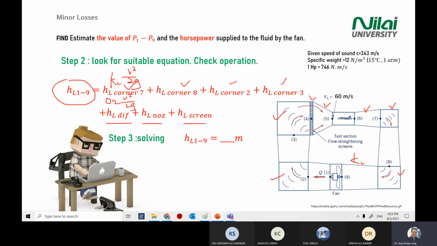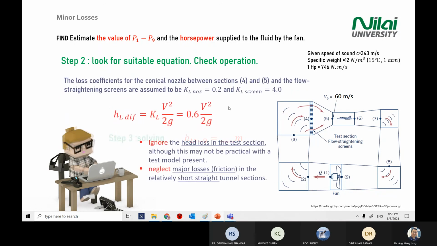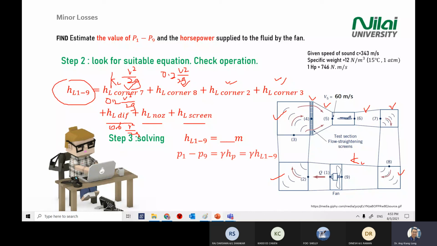Velocity, in this case, we use 60 for all the scenarios. Then this one, corner also 0.2 V square over 2G. This one also same. This one also same. Diffuser is 0.6 just now, V square over 2G. Nozzle is given, nozzle K is 0.2. Screen is 4. So you add all the values together.